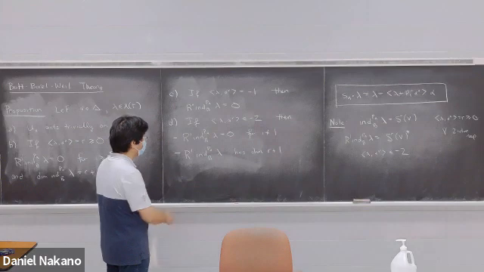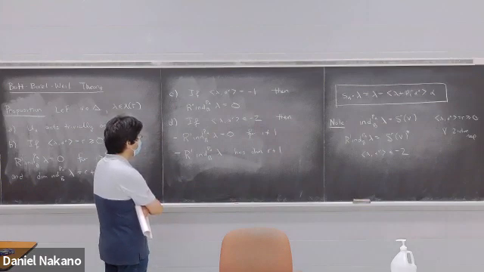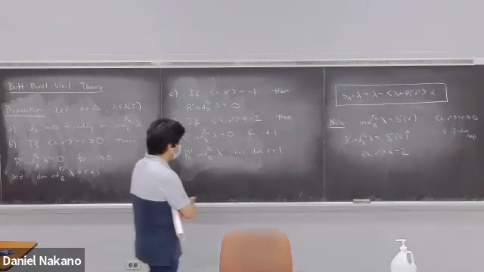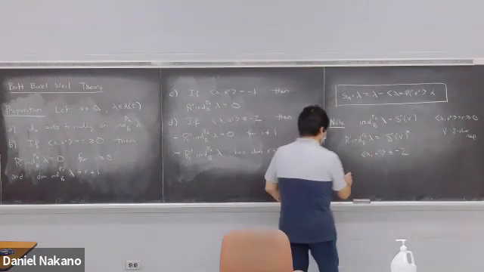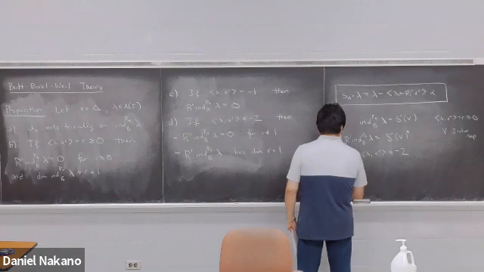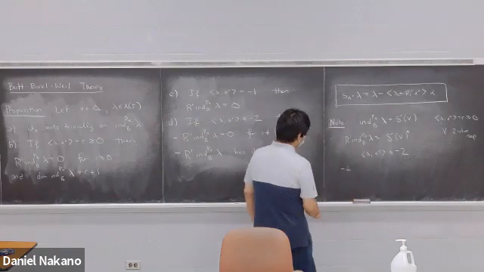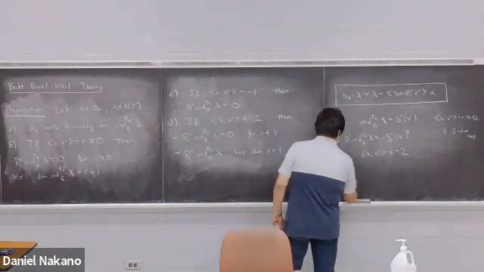Let me think about this for a second. So if you take this to be equal to -2, then I think you get the dual of the natural representation.